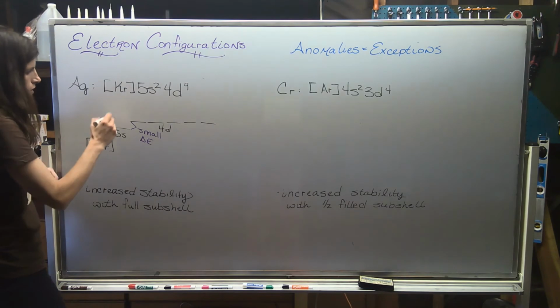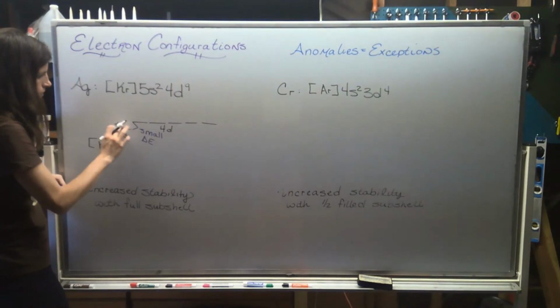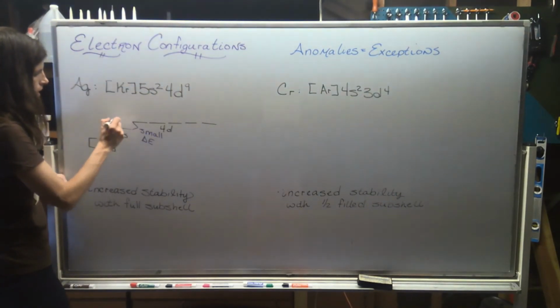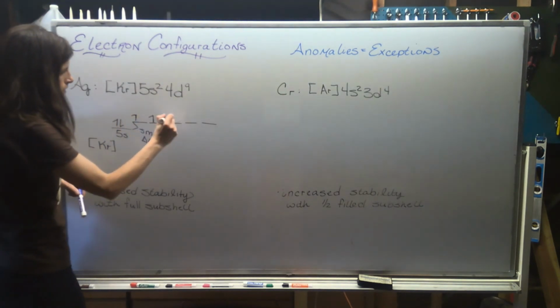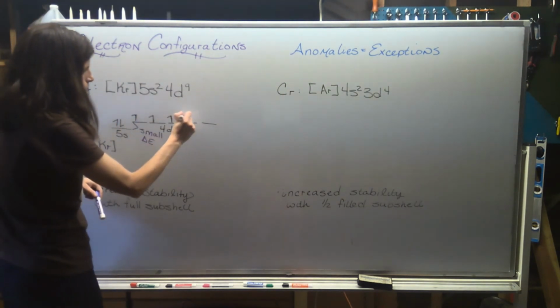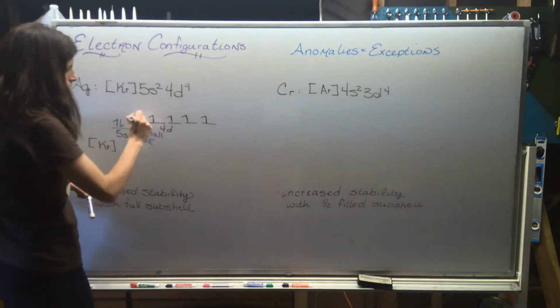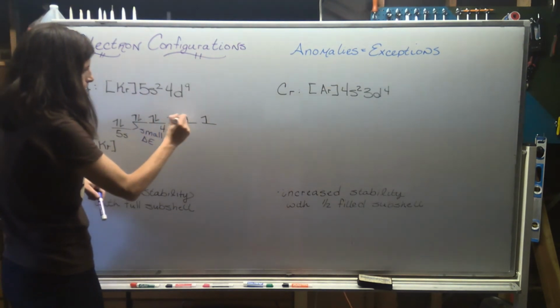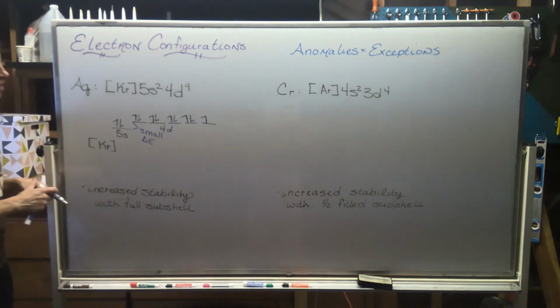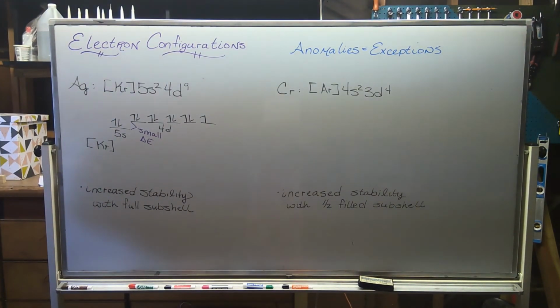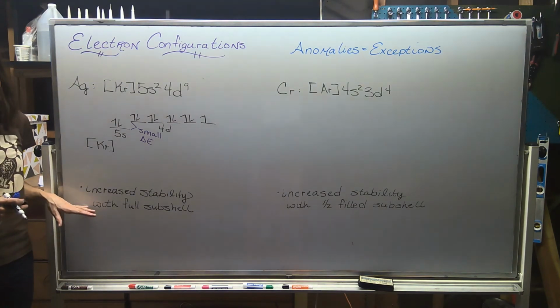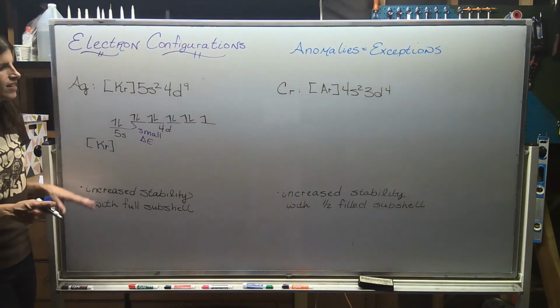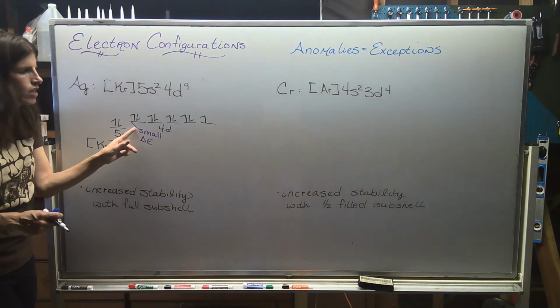I'm going to put my 2 electrons here, and then my 9 electrons in the 4d. So what's happening here, and why is silver an anomaly? Well, there's so much stability to be gained if you have a full subshell, and there's such a small energy difference.